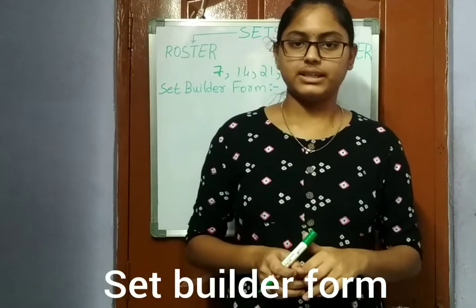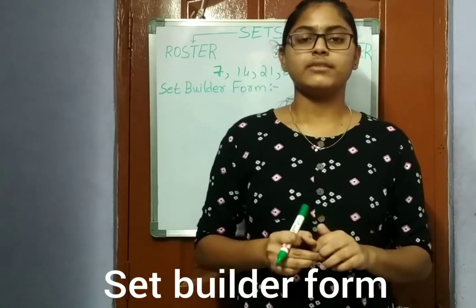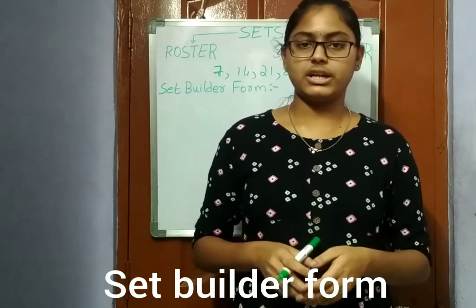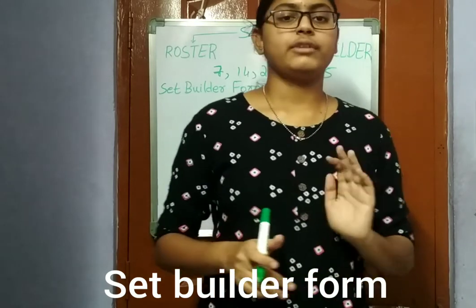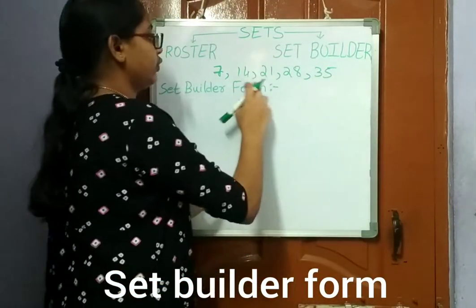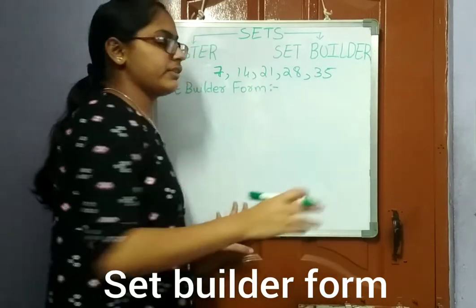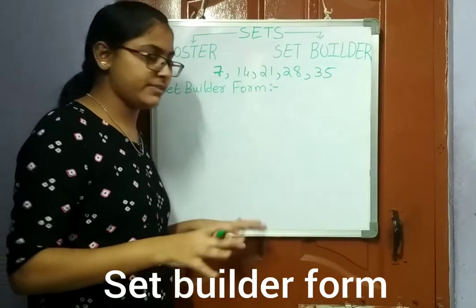When we write a set by defining its elements with a common property, it is called the set builder form of a set. For this example, 7, 14, 21, 28 and 35 are the first 5 multiples of 7.